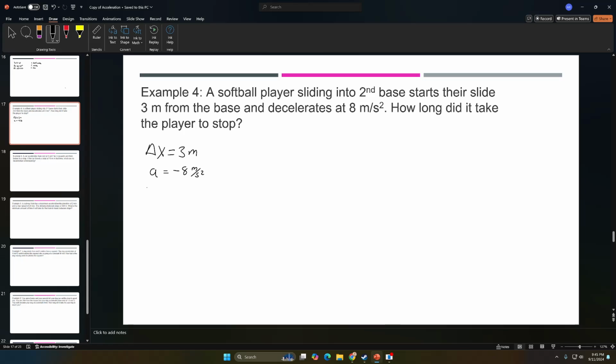And the third variable is the final velocity, which is 0. If you're sliding into a base and coming to a stop, the v final is going to be 0.